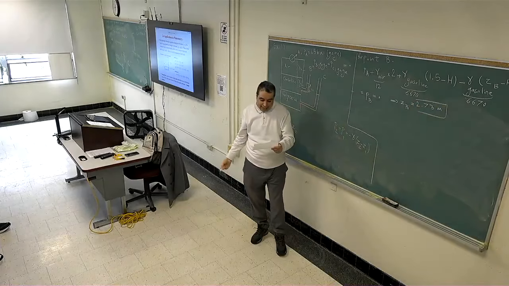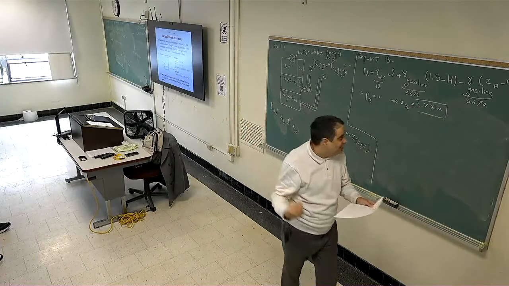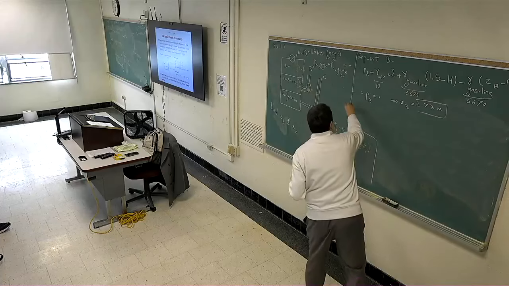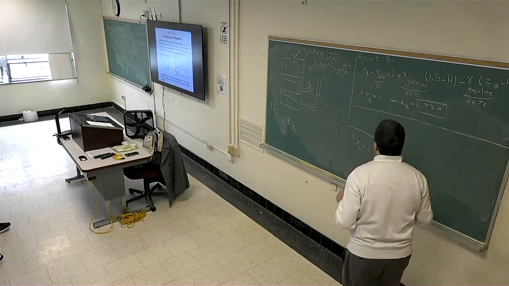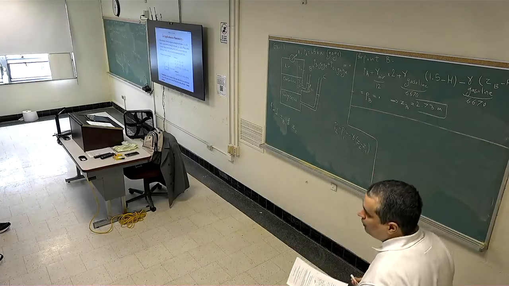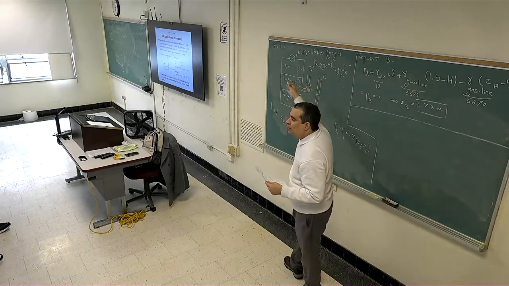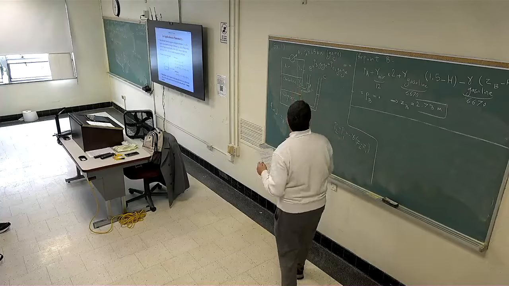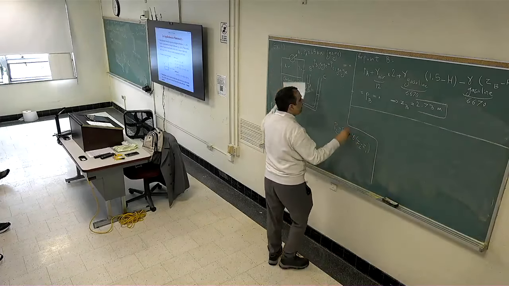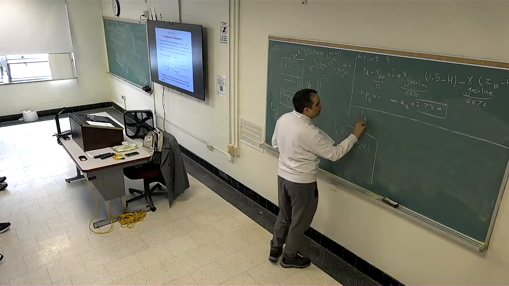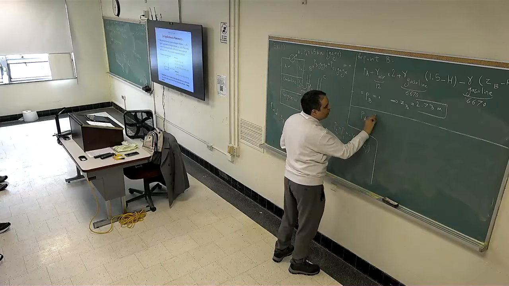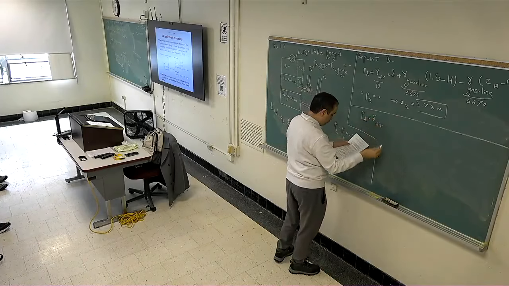Okay? Let's solve for ZC. You should help me here. We are near the end of class, you should help me. Okay. I want ZC. I do the same. PA, I go down in air, gamma air, multiply 2.